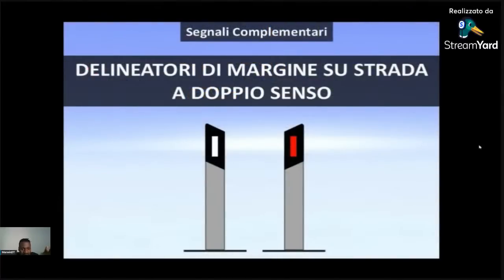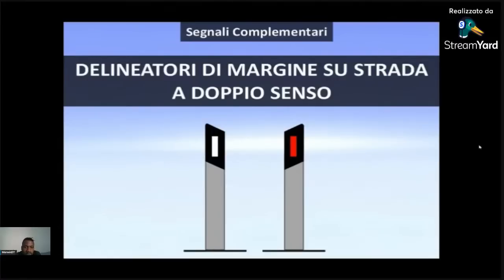Delineatori di margine su strada a doppio senso, which is also part of Segnali Complementari. These two panels, we have seen over and over. It is positioned on a carreggiata of a double direction road. I repeat, on a carreggiata of a double direction road. That's where it is positioned. One is positioned on the left, one is positioned on the right side of the carreggiata.